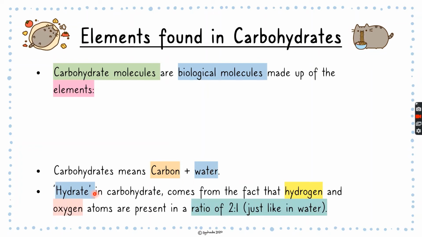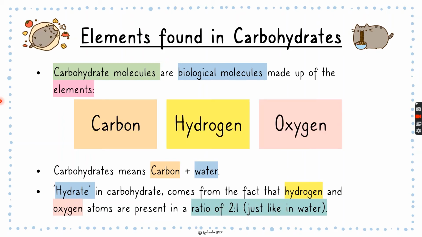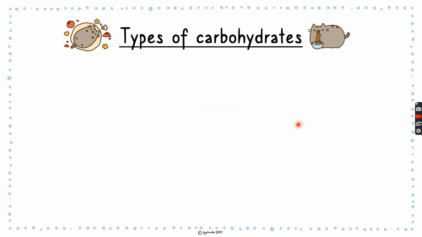And the hydrate part of carbohydrate comes from the fact that hydrogen and oxygen atoms are present in the ratio of 2:1, just like in water. So these are the elements that you can find in carbohydrate. CHO, CHO.